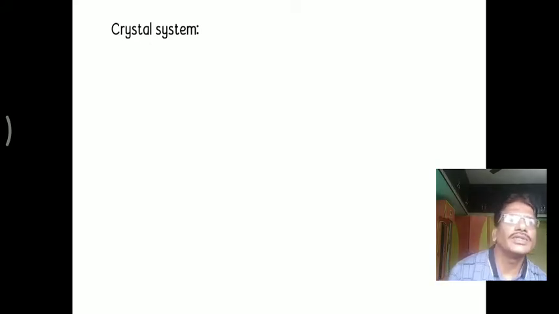So what is meant by this? There are only 14 ways in which we can arrange the particles present in the crystal. How many ways? 14 ways. By 14 ways we can arrange the particles present in the crystal in a three-dimensional order.